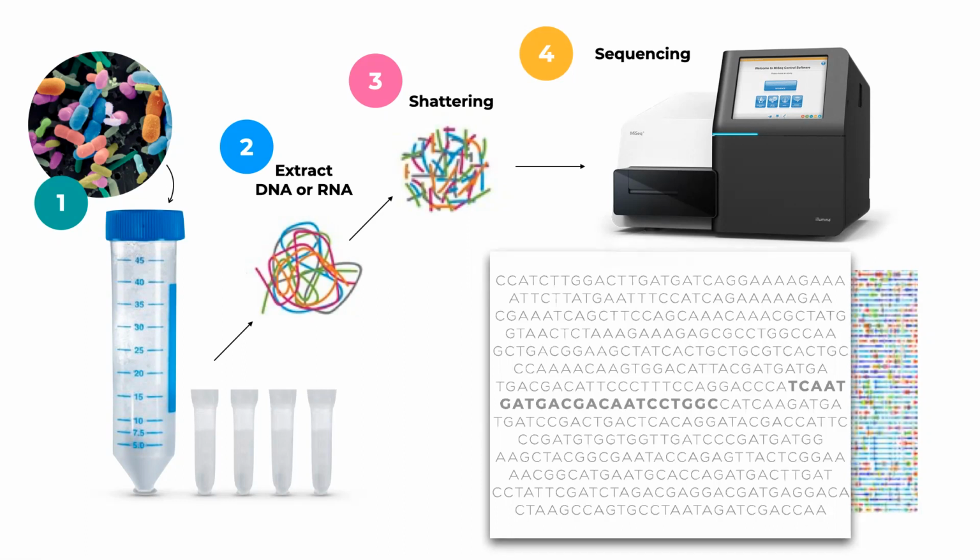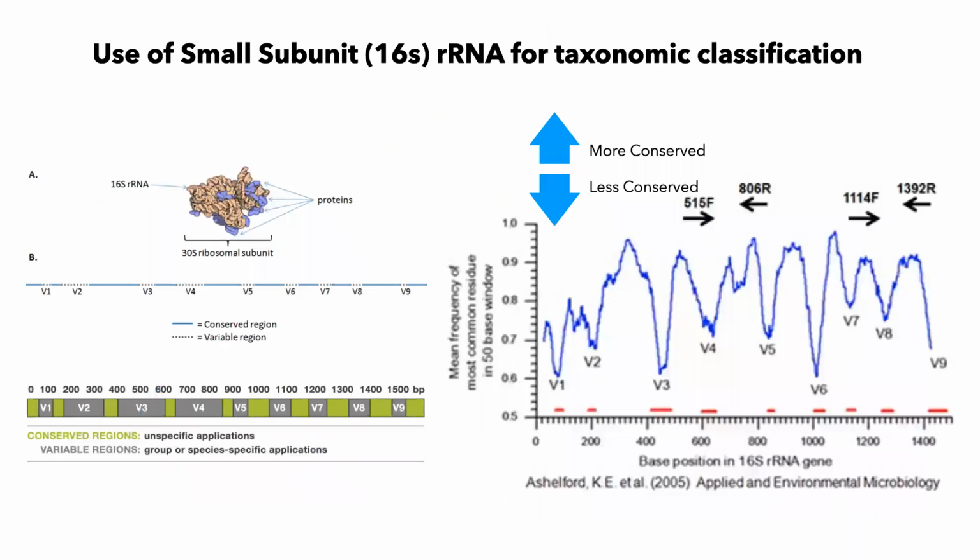And in those databases, we typically use a different set of references. So we can use, for example, on NCBI, we have the full genomes, all bacterial genomes. That's a lot of genomes. Or we can use just the 16S. Now, the 16S is useful because different levels of taxonomy could be assigned based on the different hypervariable regions.